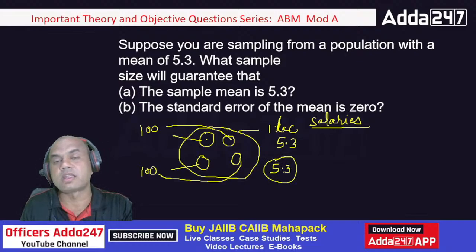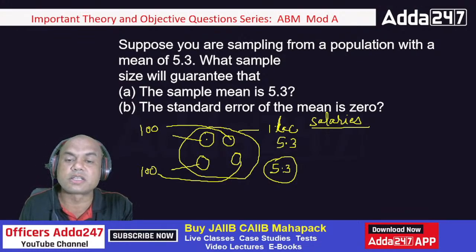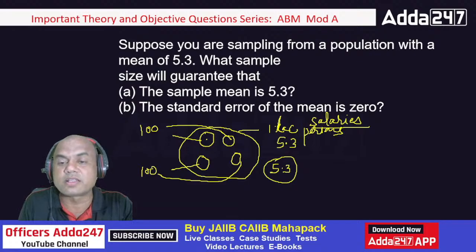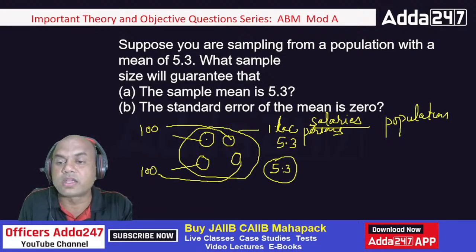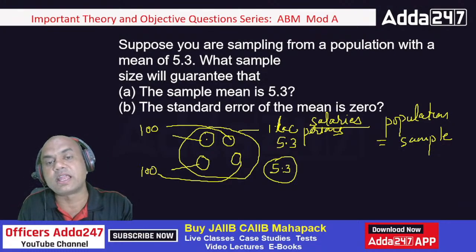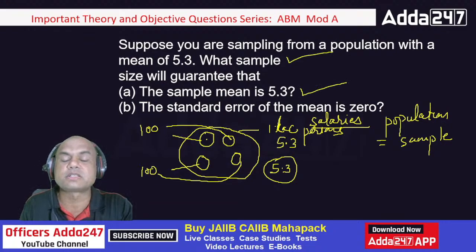It will be guaranteed when you survey the entire 1 lakh persons, when my population equals my sample. At that time, my sample mean will be exactly the same as the population mean.